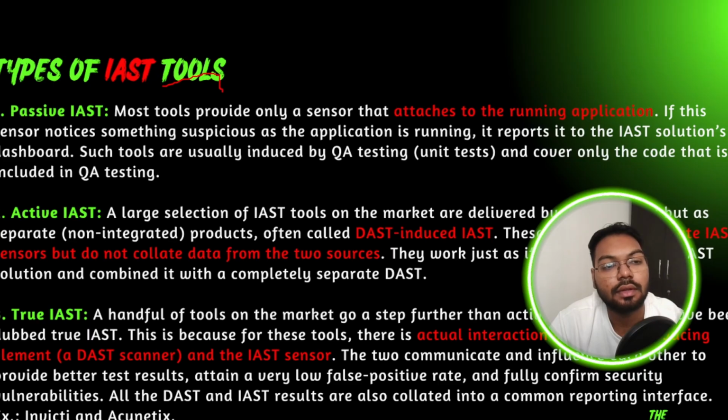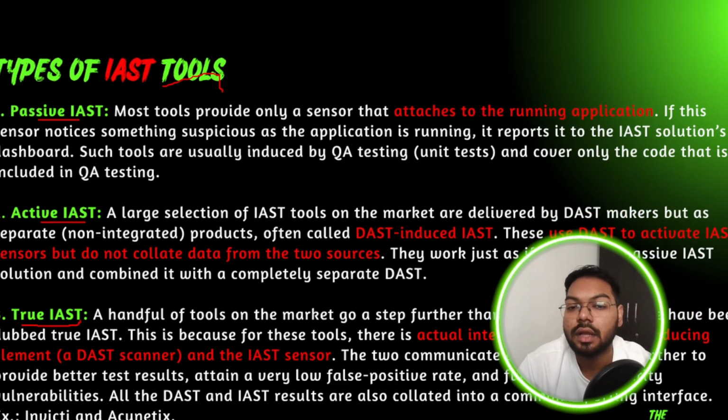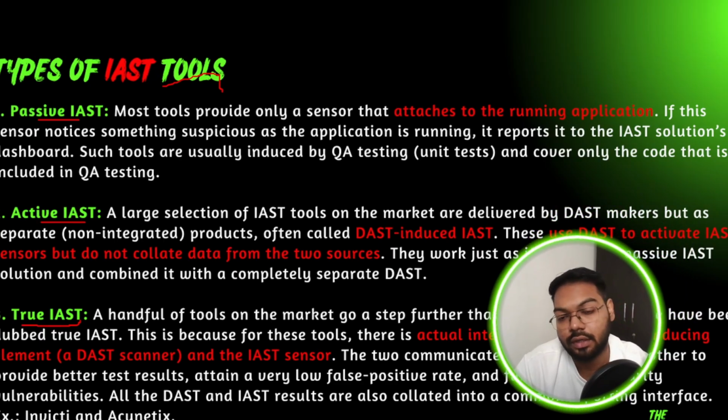There are two different topics on this particular front. Let's see the tools first. There are passive IAST tools, there are active IAST tools, and then there is true IAST. So what is the difference between all of them? I'm not sure if an interviewer in your interview would go this deep into the particular topic, but let's see.